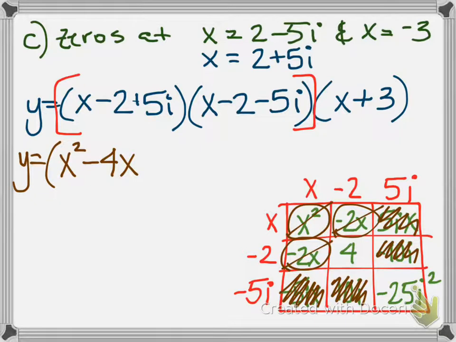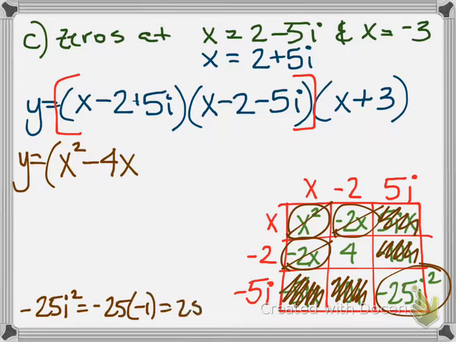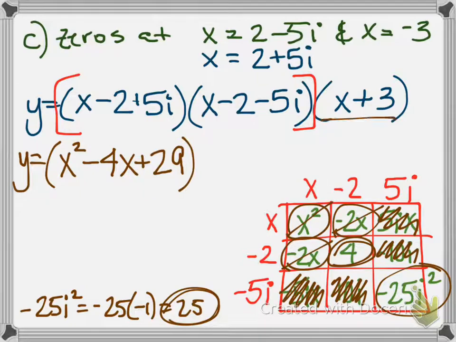And then I have positive 4 and the negative 25i squared. So remember, a little side note, negative 25i squared is negative 25 times negative 1, which is positive 25. So I have positive 25 plus 4 is positive 29. And I still have this x plus 3 on the end to multiply by, so times x plus 3.